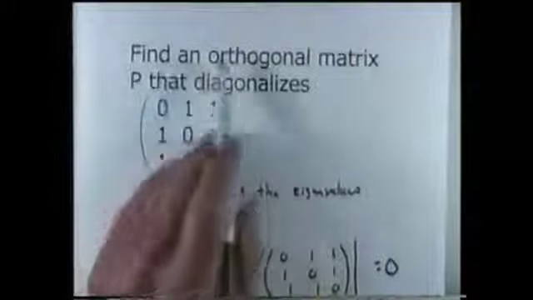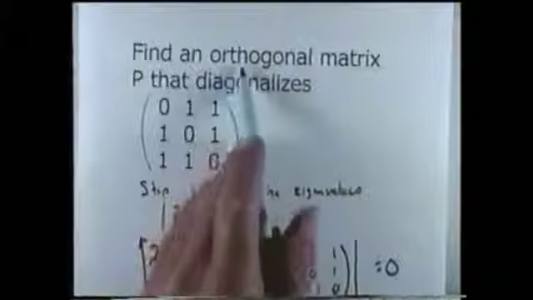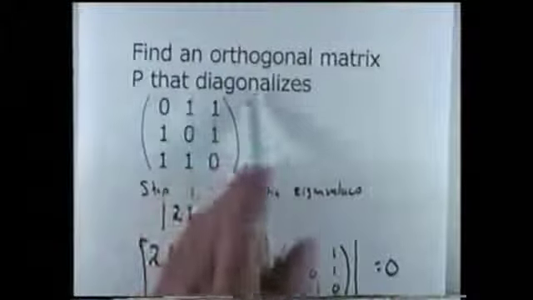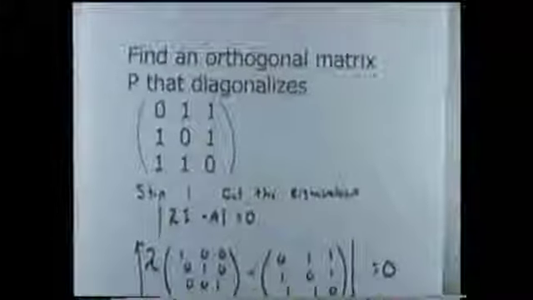And that's what we were supposed to do: find an orthogonal matrix P that diagonalizes the given matrix.